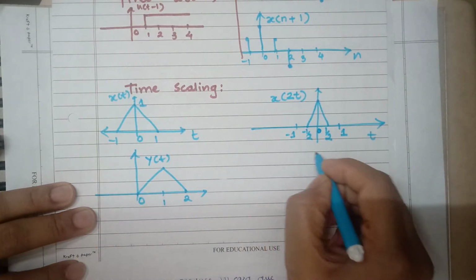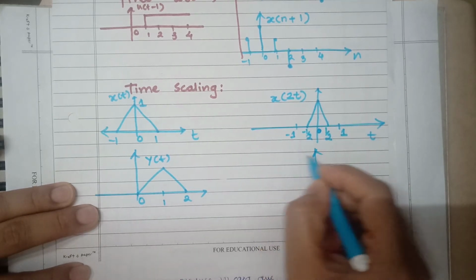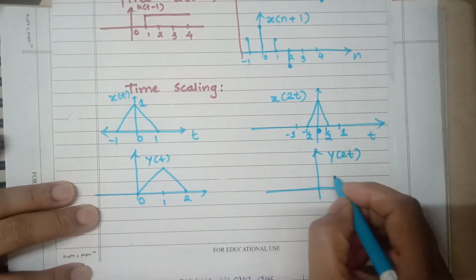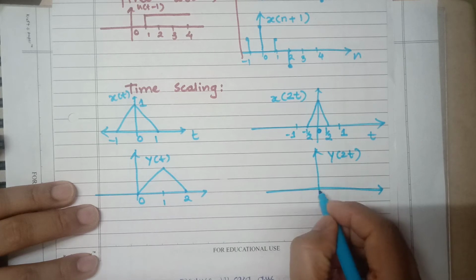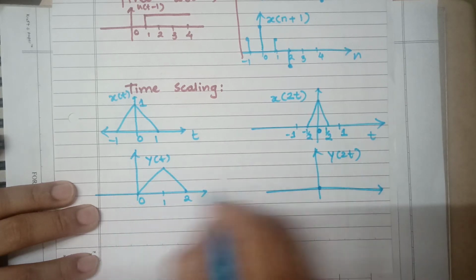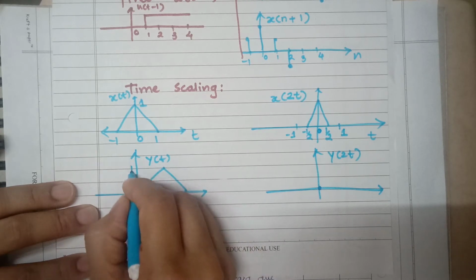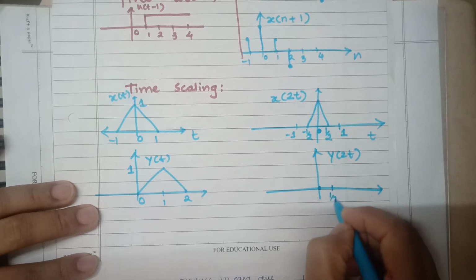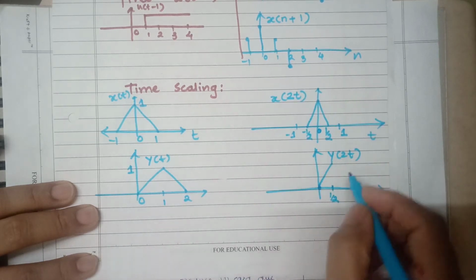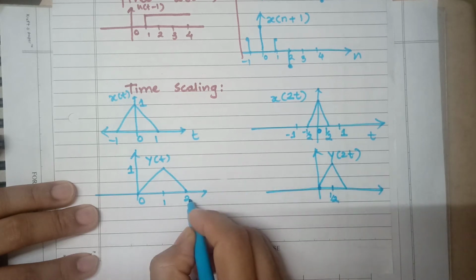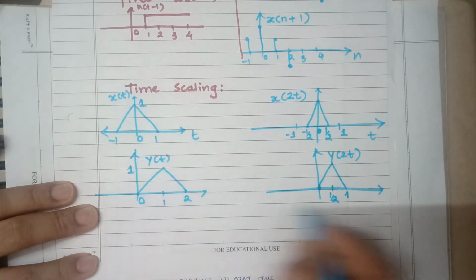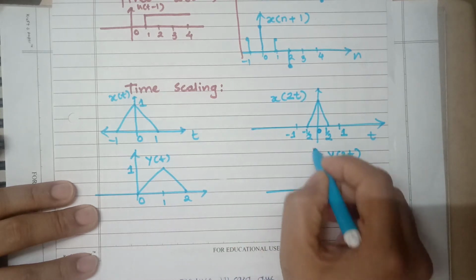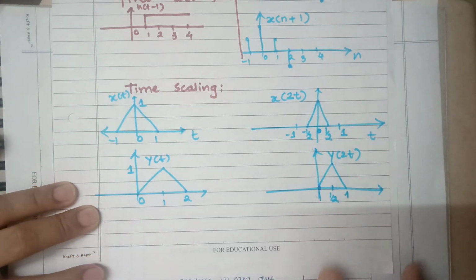If you want to do the same operation, y of 2t: 0 divided by 2, so this sample will remain here. 1 divided by 2, so this amplitude 1 will move to half, so half is here. This compression is like this. This 2 will come at 2 by 2, that is equal to 1. So the compression is taking this y-axis as the center.